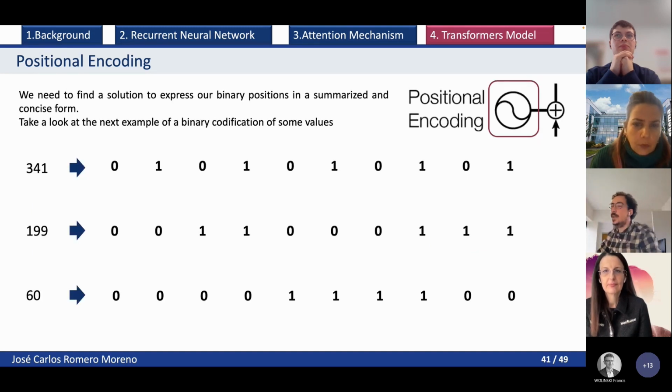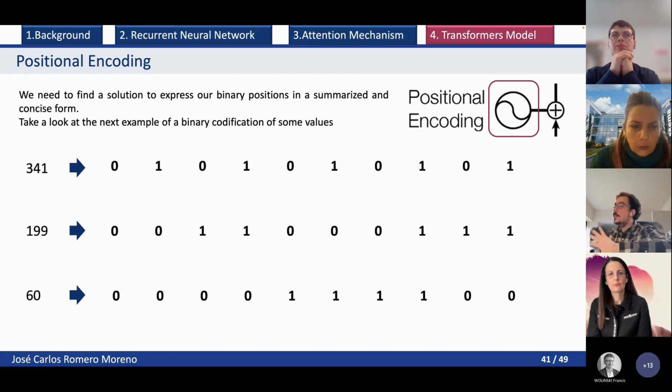So how do we do it? For example, we have an example of 3 huge numbers, so their translation to binary codification is really big. Don't worry, you don't have to understand the translation, it's just there for you to see. We're going to use this numbering to store the position of our words, and we need a way to express this numbering without needing to combine this 10-character name with our vector of decimal numbers.